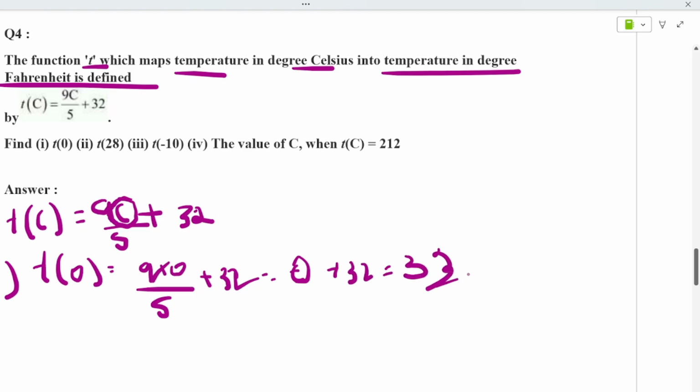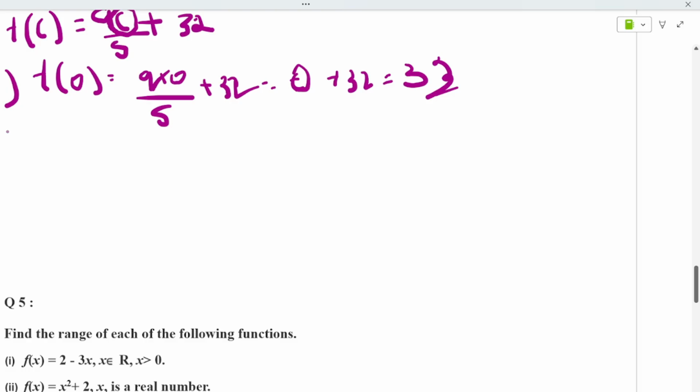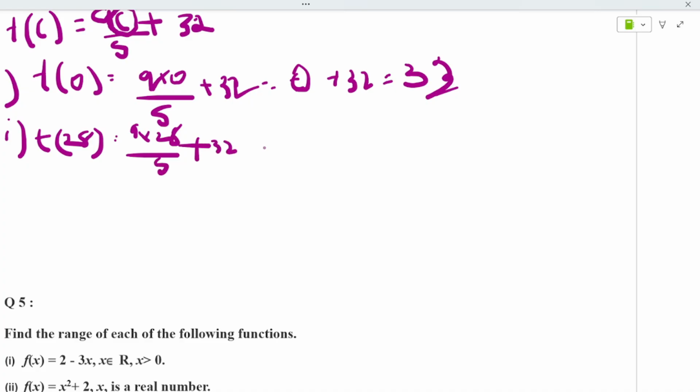Now the next question, T of 28 is equal to 9 into 28 divided by 5 plus 32. 28 is not divisible by 5, so you have to multiply 28 into 9.